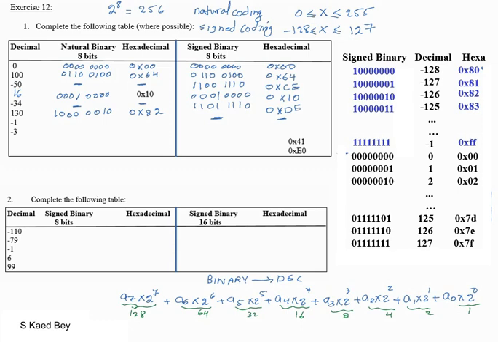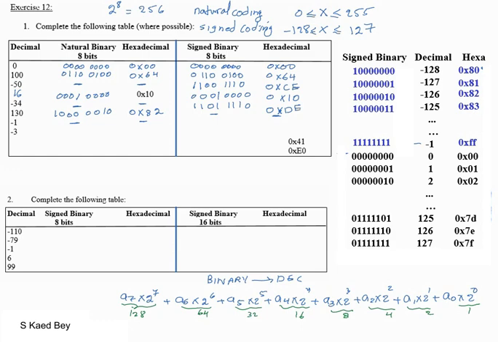Let's take the negative one. The negative one is not within the natural coding range, so in this case we cannot represent a negative one in the natural coding. So this is not applicable. Whereas in signed coding the negative one is simply 8 ones.